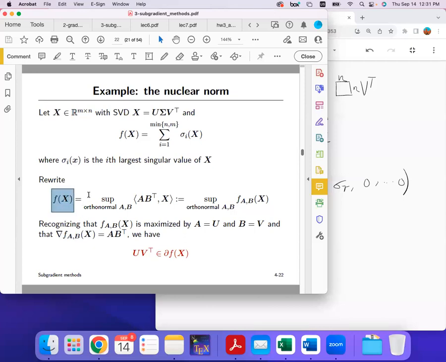Now, this nuclear norm can be rewritten in a variational form.